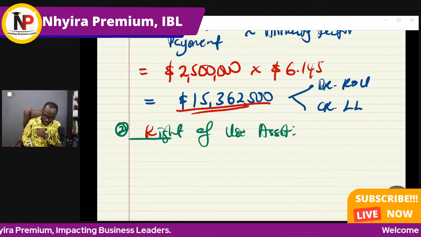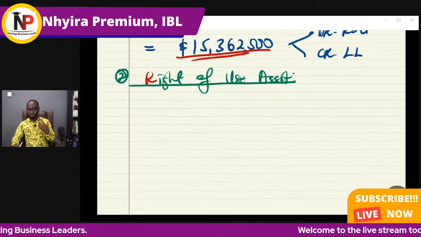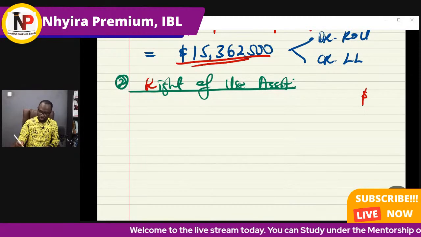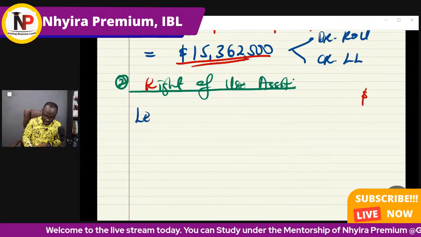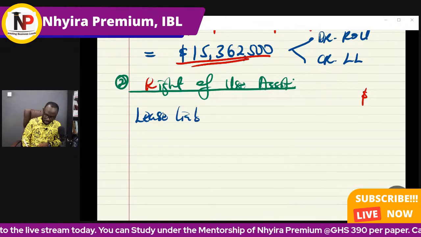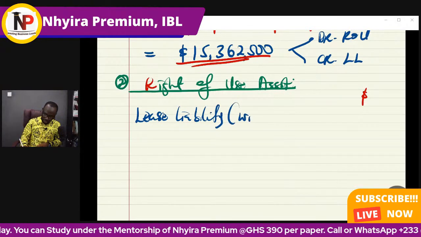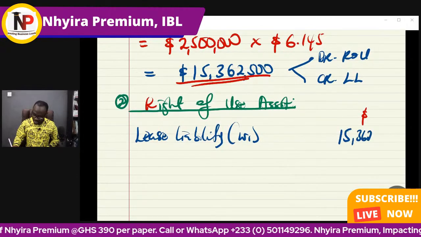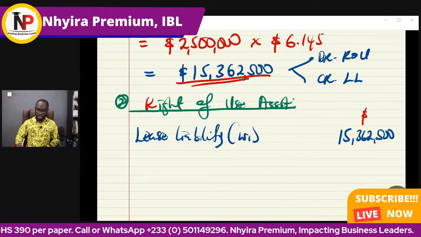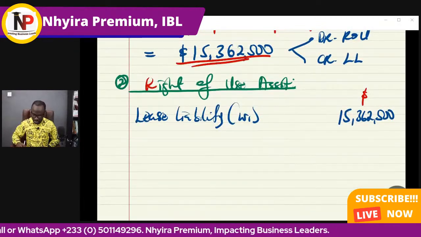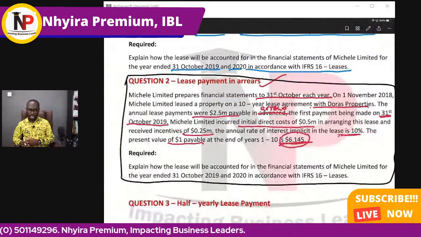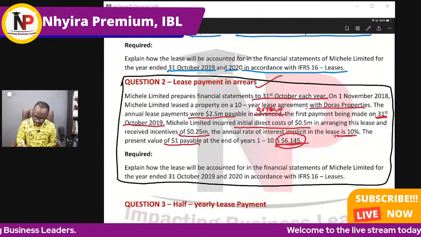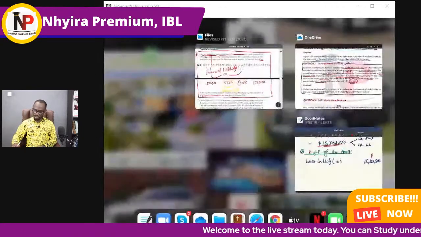The reason why we are numbering is for professional presentation. We don't want to screw it up for ourselves. So we bring in the lease liability, and that's going to be coming from workings 1, and that's 15,362,500. Then we go back to the question to pick the rest of the items. We are told that there is an initial cost of 0.5 million.